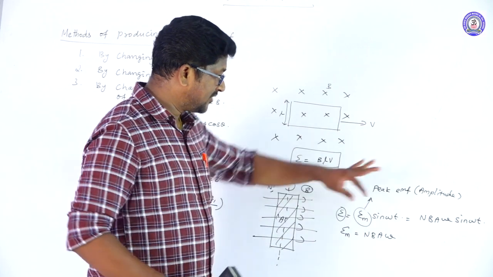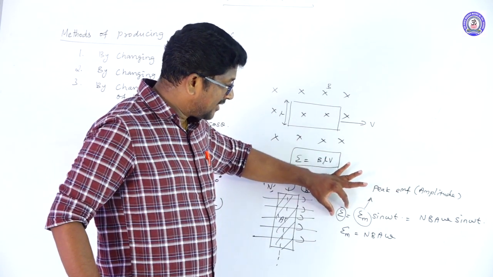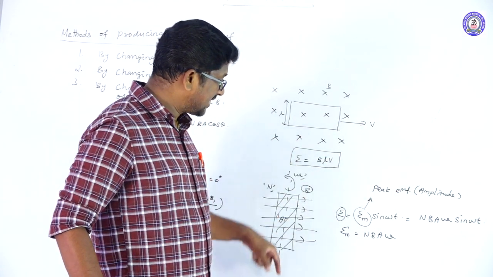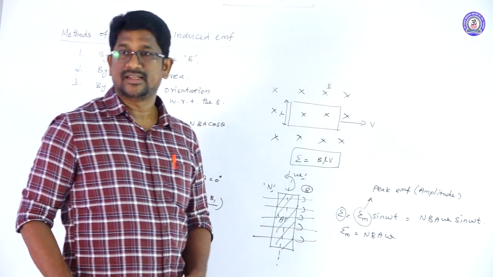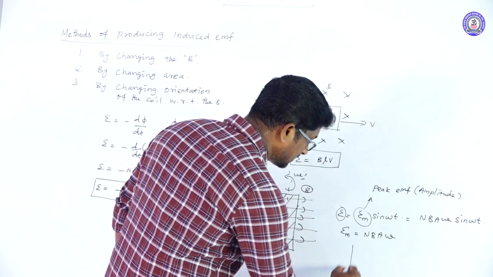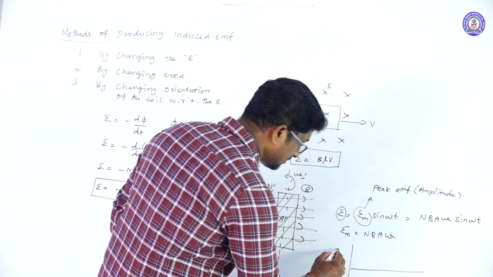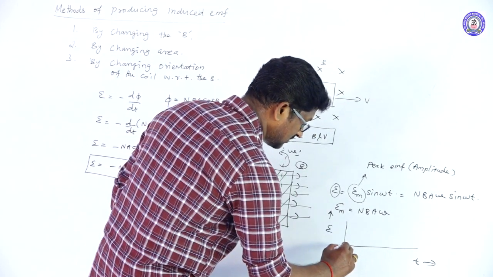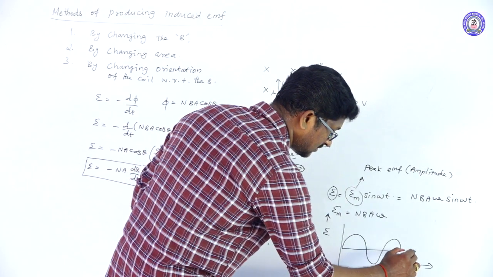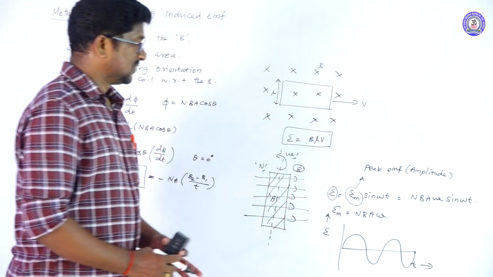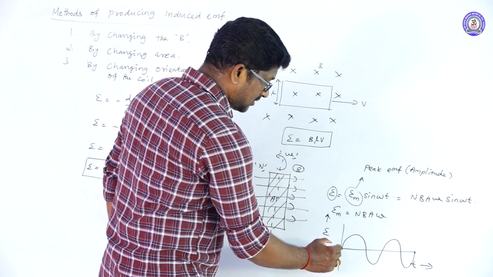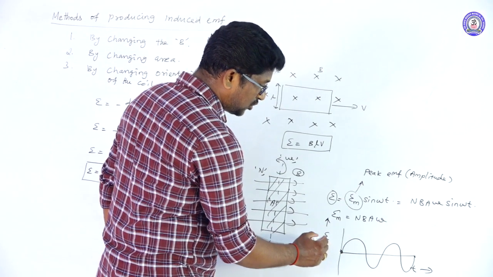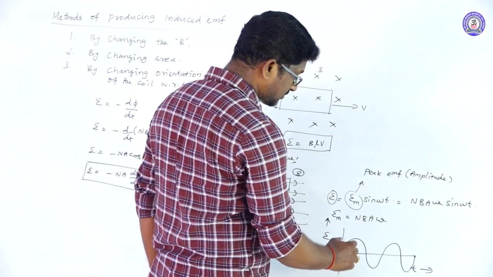So there is a sine function. The magnitude of EMF induced in the rectangular coil changes sinusoidally, like this. At time t equal to 0, the EMF induced in the coil is 0.